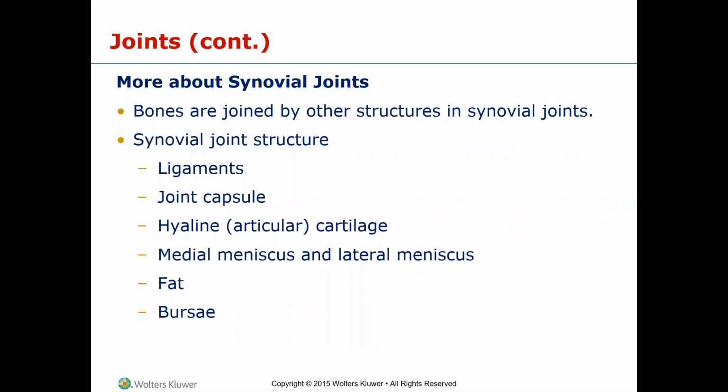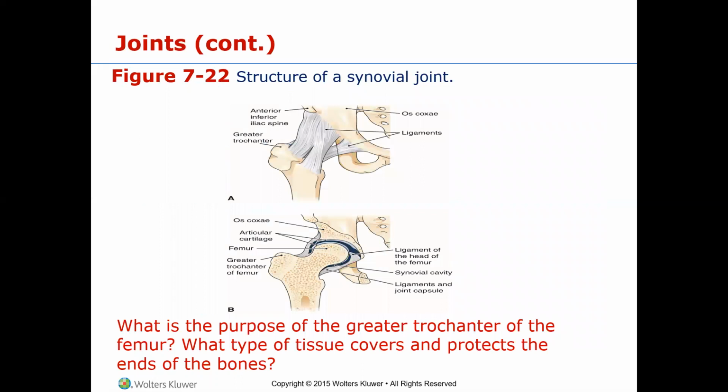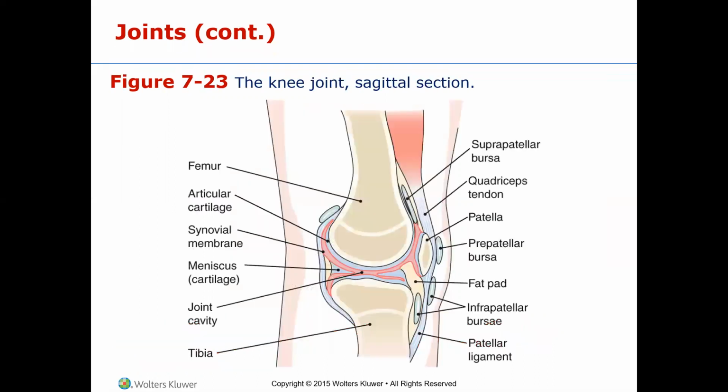And then, of course, there's fat, and then there's the bursa, which acts like a cushion, and that you can find in our shoulder. A synovial joint allows us to have much movement and flexion, extension of our limbs, as well as rotation, abduction and adduction.